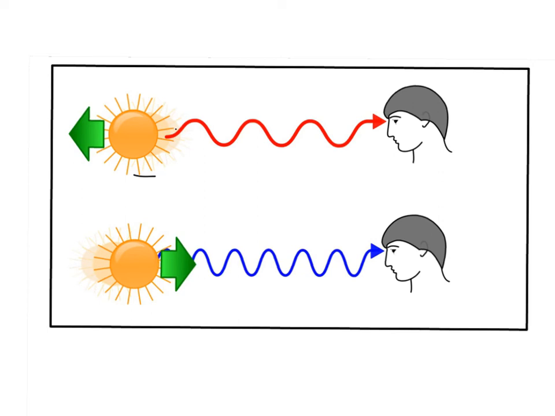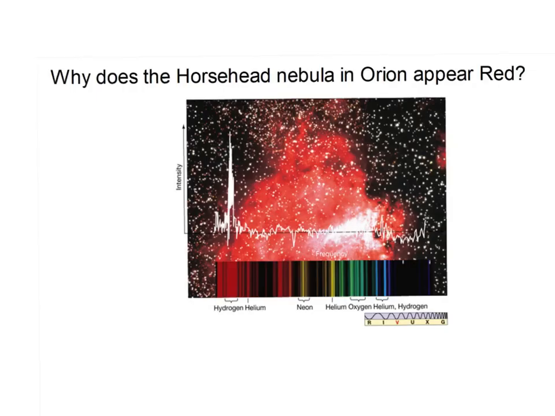If something is coming towards us, it's said to be blue shifted because the wavelength seems to be closer together because it's traveling towards us. That is because of the Doppler effect. So we have red shifted or blue shifted based on whether something is traveling towards or away from us. And that's another reason why things can appear more red or more blue. It tells us the direction they're traveling.